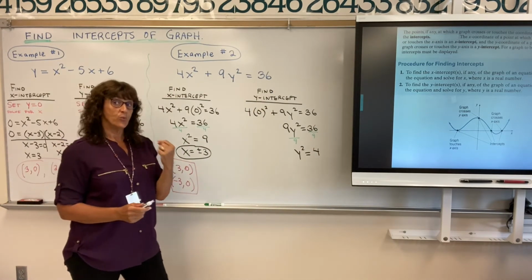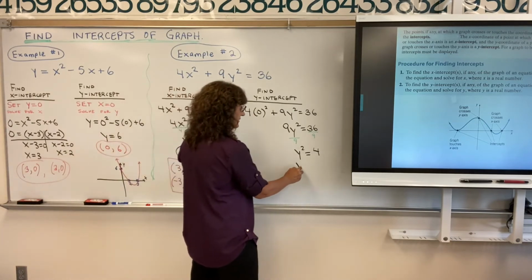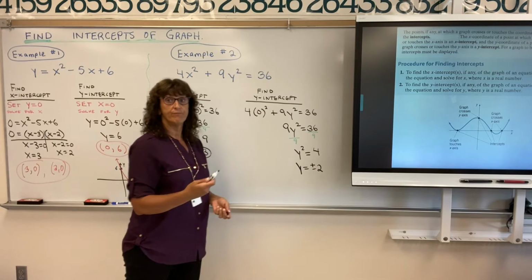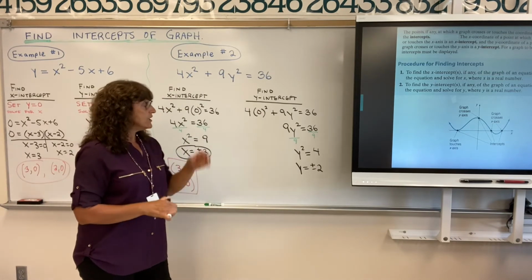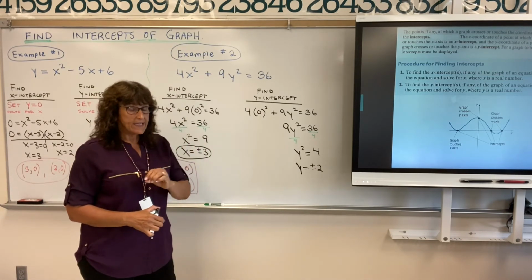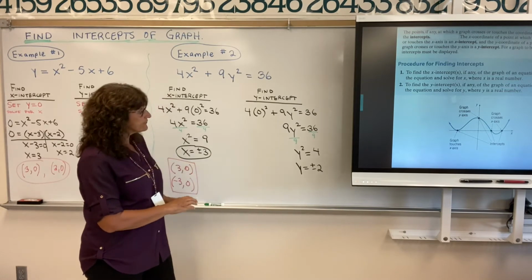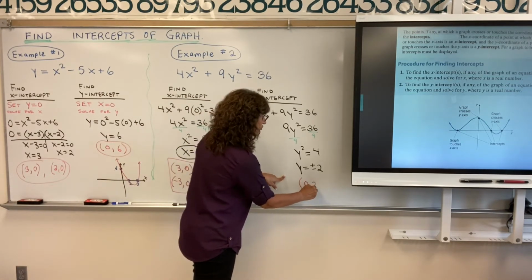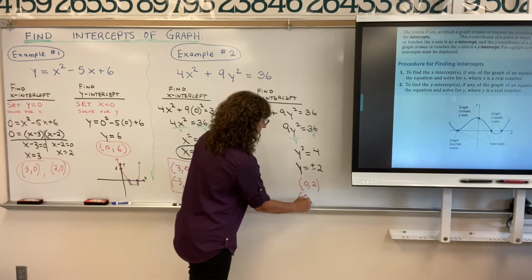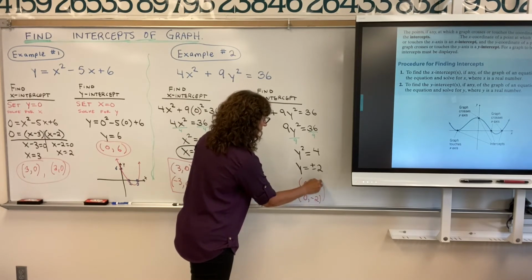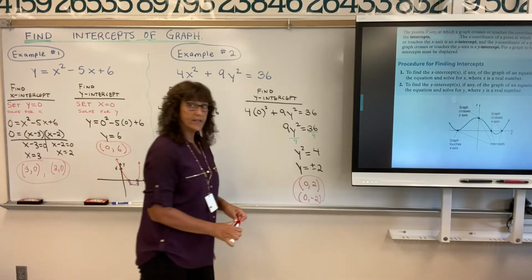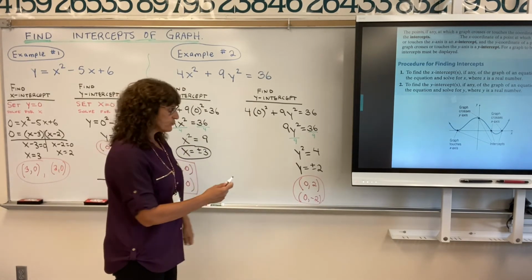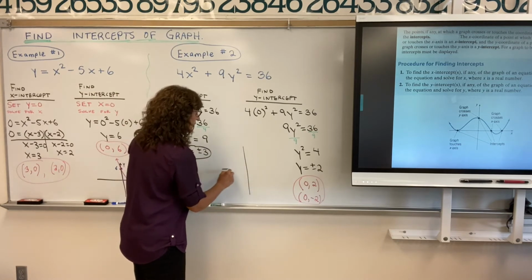We want to know what y is, and again, be careful, plus or minus 2, the square root of 4. 2 times 2 is 4, negative 2 times negative 2 is also 4. So what are your y-intercepts? 0 on the x, 2 on the y, and 0 on the x, negative 2 on the y, and these are your y-intercepts.